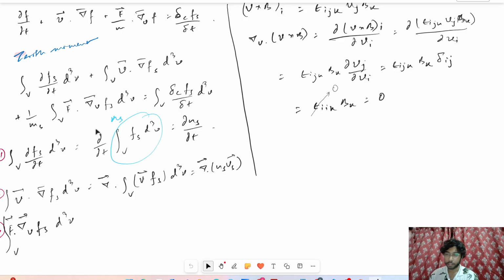So why are we doing this, right? Why do we need this identity? It is because the force in this case is V cross B, right? The Lorentz force is V cross B. So since del V dot V cross B is zero, therefore del V dot this thing is equal to F dot del V fs, right?